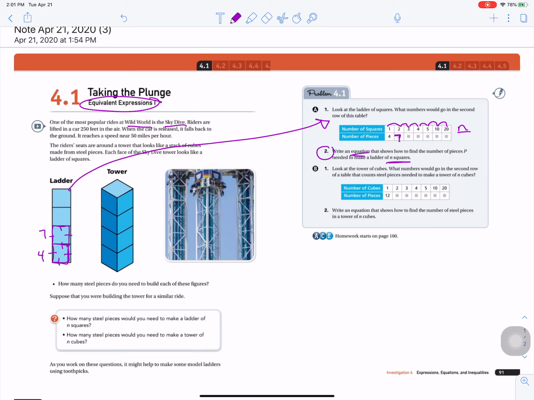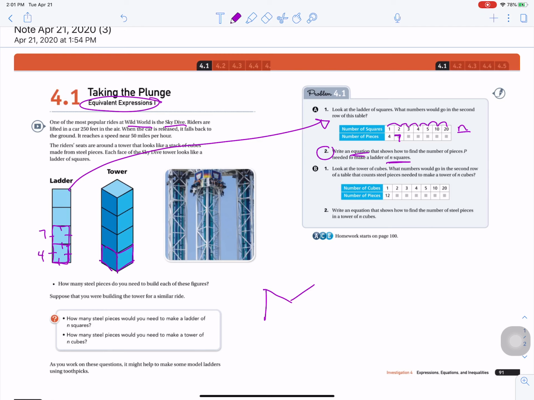All right, then if you had a tower, which is more like a 3-dimensional shape, how many steel pieces would you need to make that tower? And so here, this first one, you'd need 1, 2, 3, 4, 5, 6, 7, and in the back, you'd have 8, 9, 10, 11, 12.